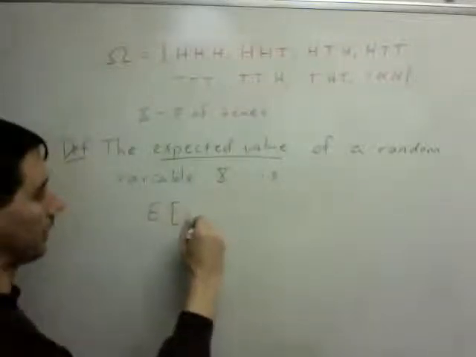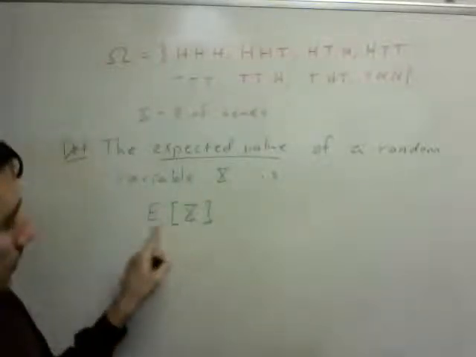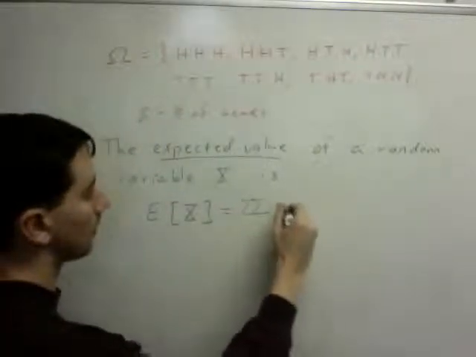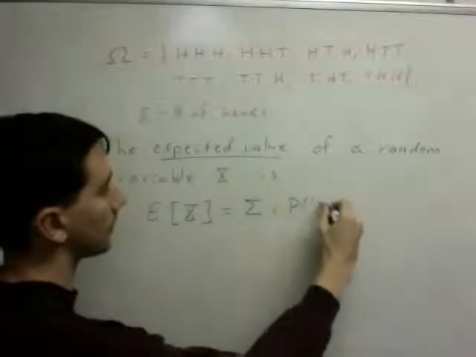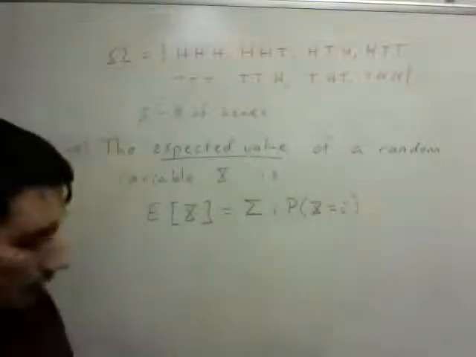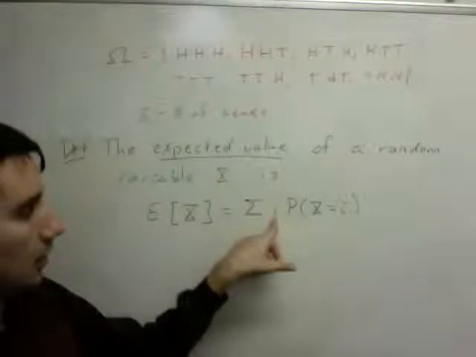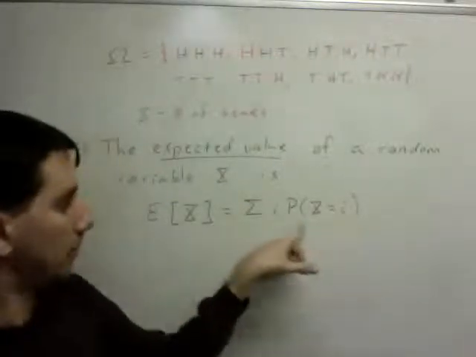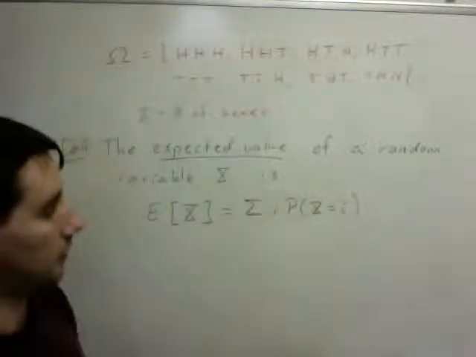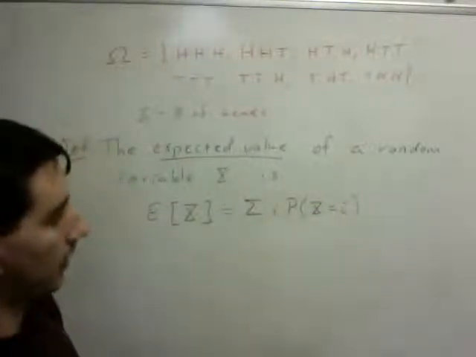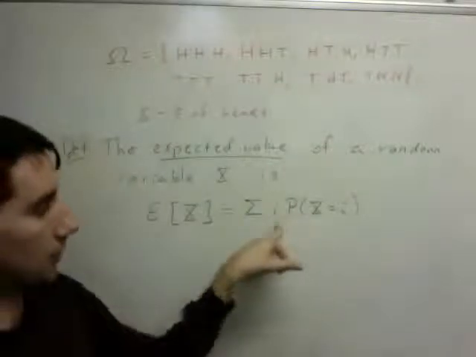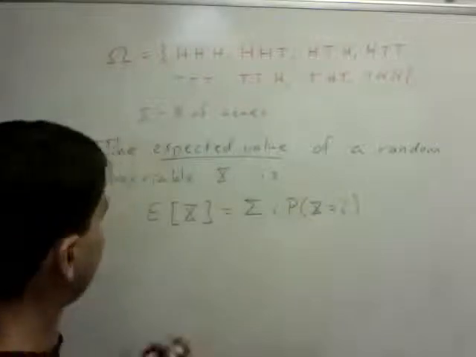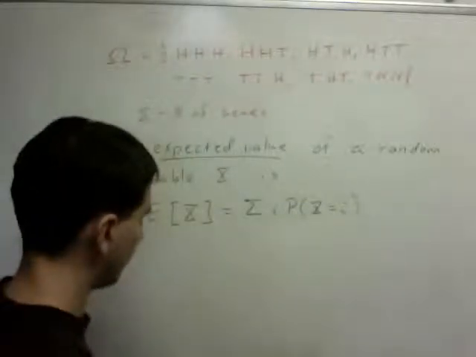So we plug in x, and this gives you out a number. The expected value of x is just going to be the sum of i times the probability that x equals i. So you just add up all the numbers, i times the probability that x actually is equal to i. And so you only care about values that x takes with a positive probability. If x doesn't take value i, then the probability of this is 0, and so you're just adding in zeros otherwise.